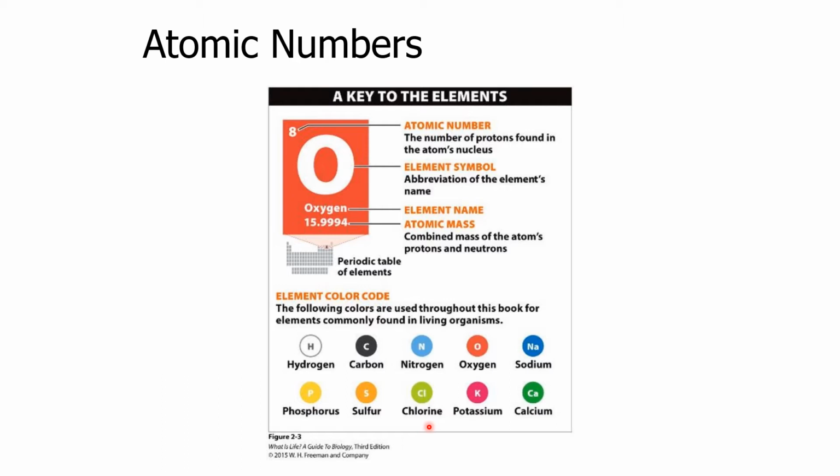Now, so far, H for hydrogen and C for carbon make sense, but why is K potassium? The word potassium has no K in it. Why Na for sodium? Sodium has no Na. That's because K and Na, and actually all of those symbols, are the symbols of the Latin words.